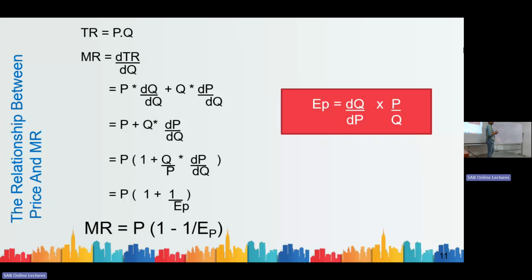So if your company has a relatively price elastic demand, then when you are letting the price down, your total revenue will go up. So what kind of products have relatively price elastic demand?